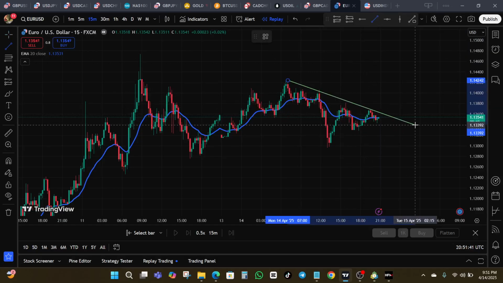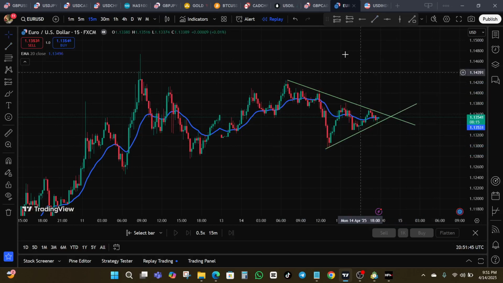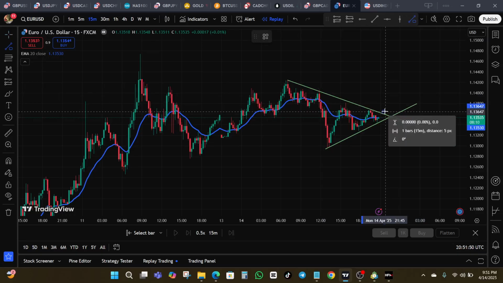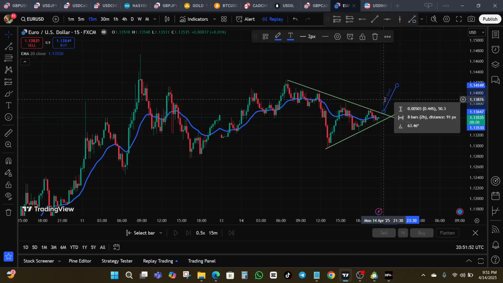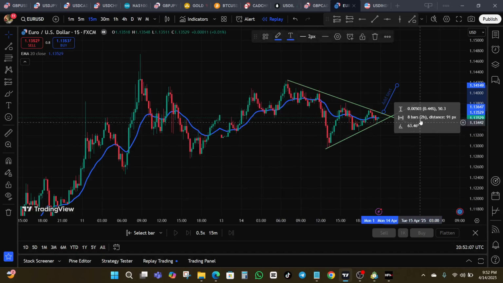Okay, for example, if I can see a triangle formation here, and then I have a breakout from this point, the reason for my entering a buy trade could be because of a breakout, right?